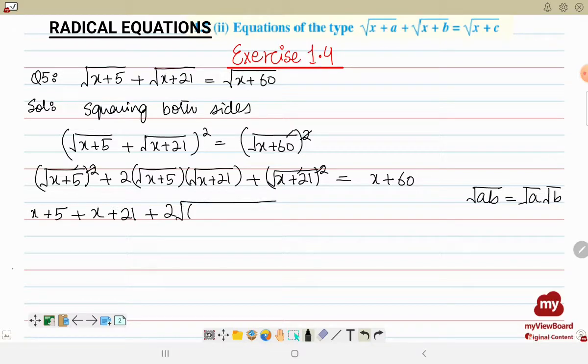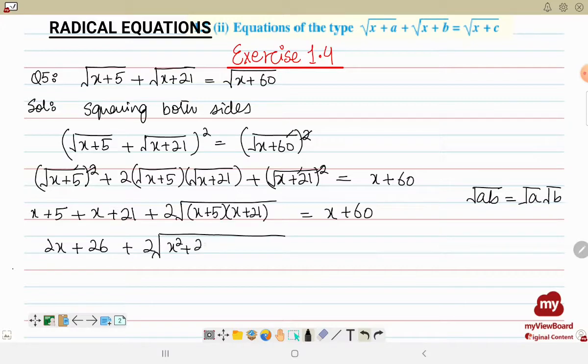So we can easily multiply the two terms, and the right hand side will be as it is written. Now x plus x becomes 2x, and 21 plus 5 becomes 26. And here we will multiply the two terms. Here we'll get x square plus 21x plus 5x, and here we have 105, and here we'll get this.